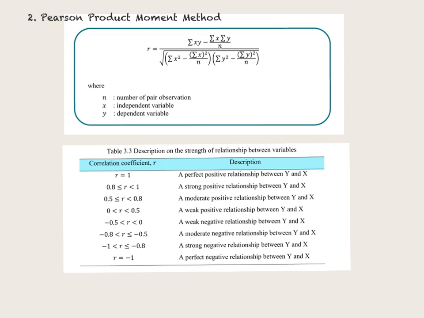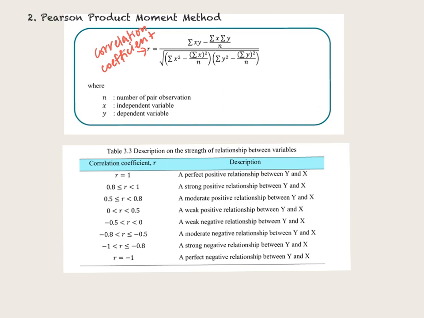The second method to calculate the correlation between two variables is using the Pearson product moment method. For the computational method, we need to calculate the value of the correlation coefficient. The correlation coefficient, we denote it as r. So we have the formula here.